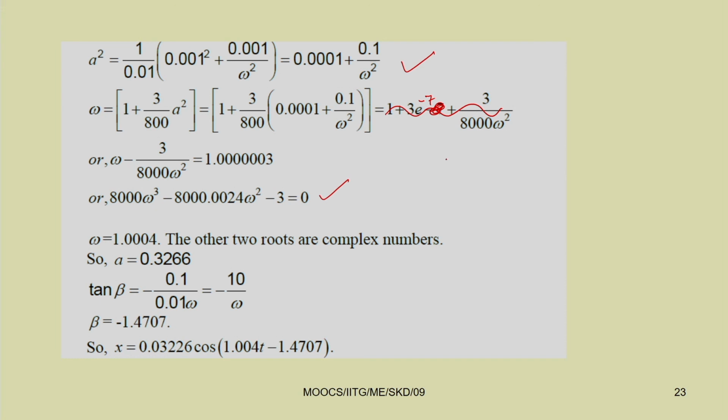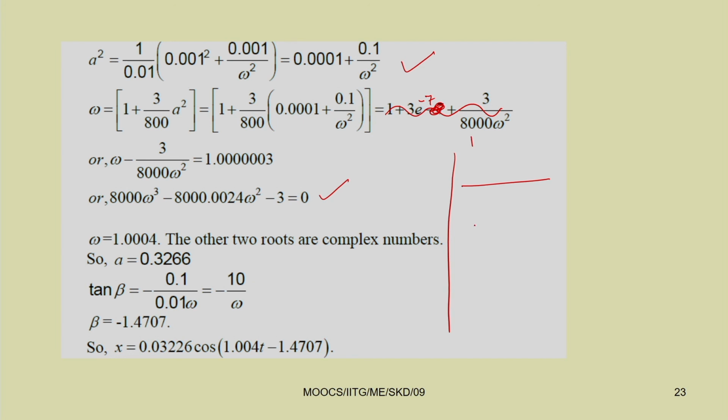For example, you can take Newton-Raphson's method, or you can take the method of. So, there are several numerical methods you can use to find the solution of this polynomial equation.